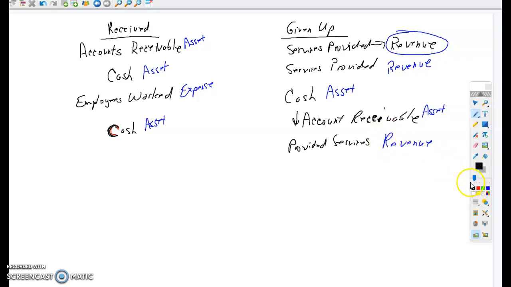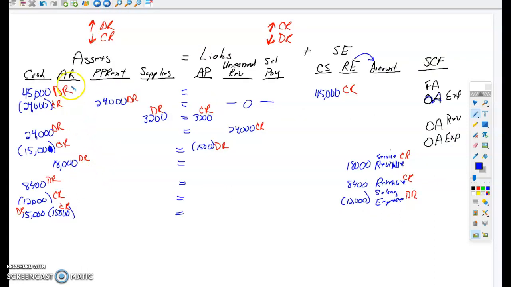We are not getting cash. We are billing those customers. So we have an account with our customers, and we will receive that in the future. So right now, that is a receivable, and that's an asset. So we're getting accounts receivable. So that's going to go up 42,000.